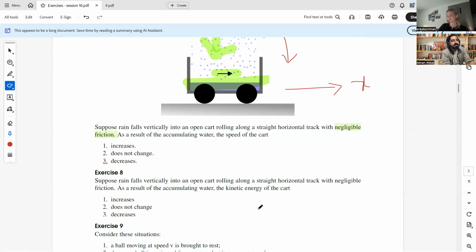Question 8, same scenario. Suppose rain falls vertically into an open cart rolling along a straight horizontal track with negligible friction. As a result of accumulation of the water, what will happen to the kinetic energy of the cart? Shortly I will say, as the speed is reducing, we know the relation for kinetic energy is equal to half mv squared.